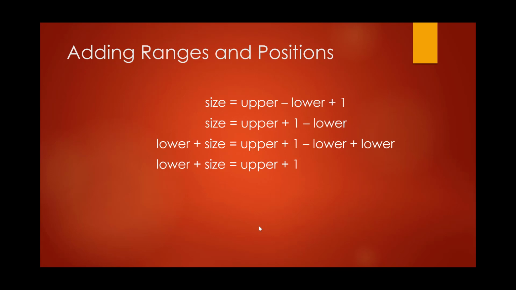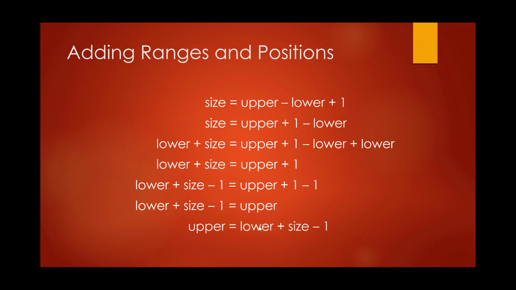So minus lower plus lower is 0 and goes away. So that's simplified now. And then I'm going to subtract 1 from both sides of the equation and simplify again. And I get lower plus size minus 1 equals upper. And if I flip this equation around, I get upper equals lower plus size minus 1.